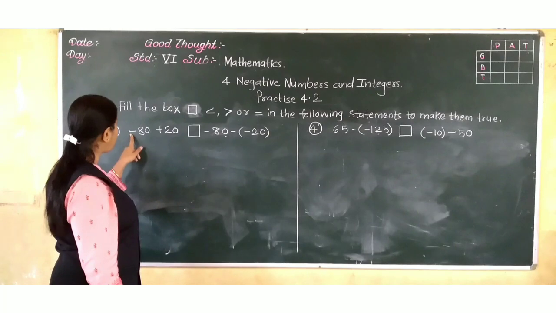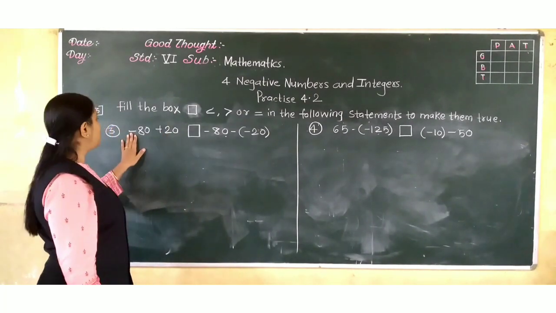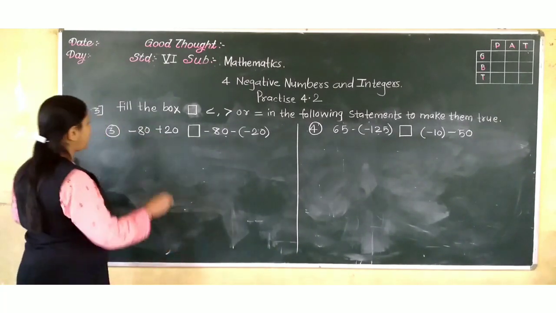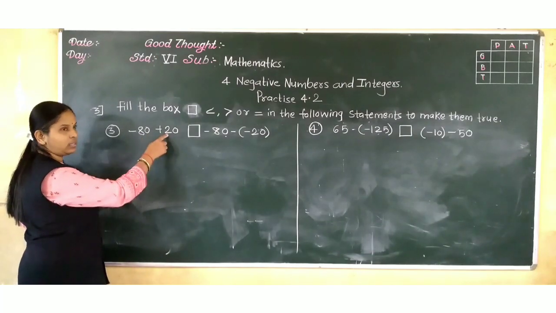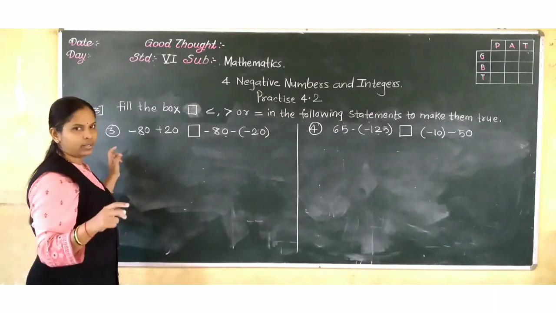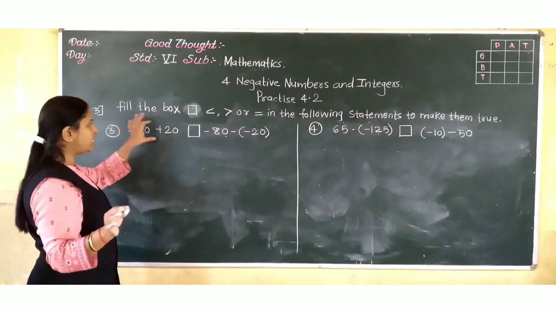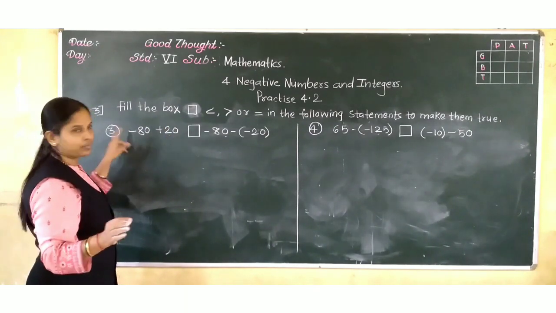Now see the third one, minus 80 plus 20. Here both have different signs. So what will we take? Take the absolute value. Now the absolute value of this is greater than this, correct? The absolute value of minus 80 is 80 and of 20 is 20. So this is greater than 20. So the answer will be negative, correct?